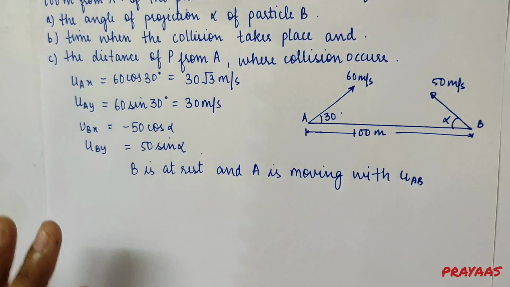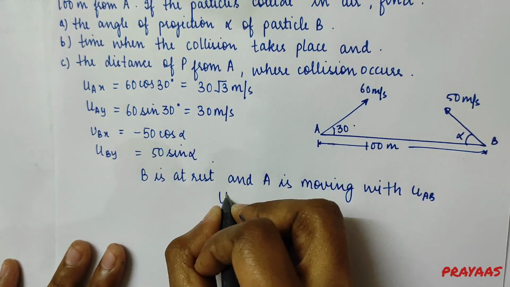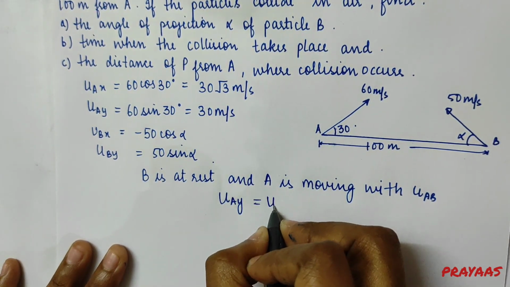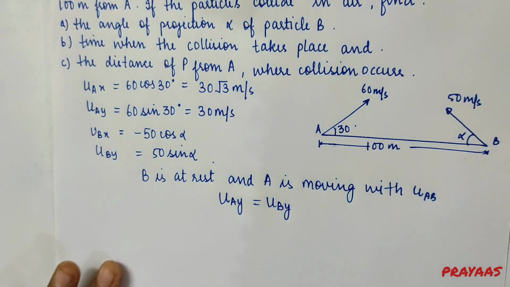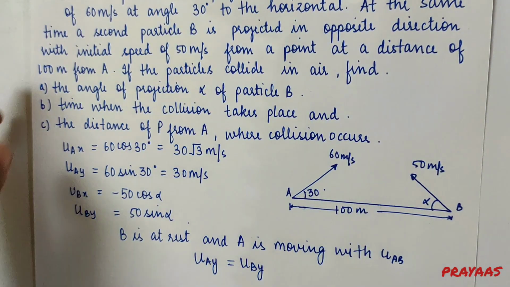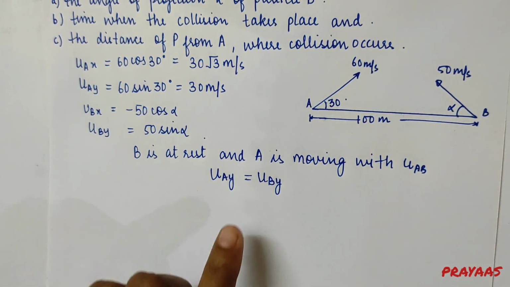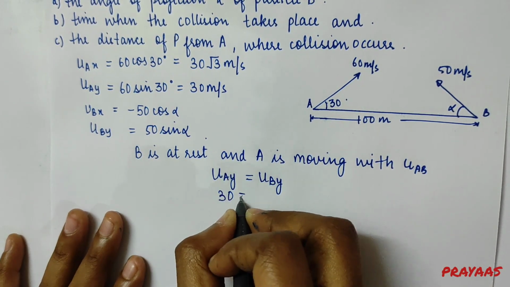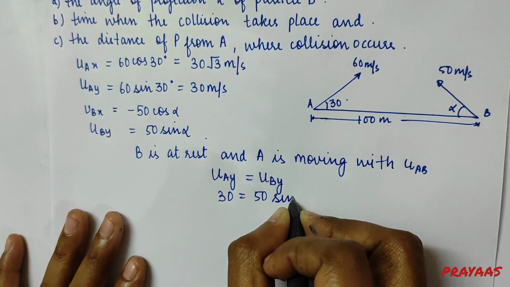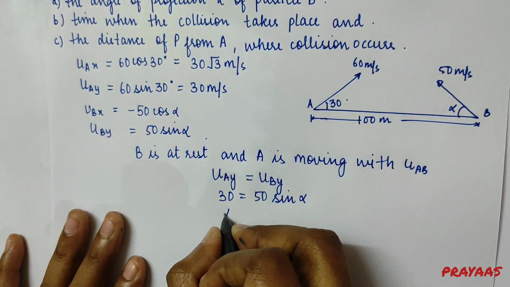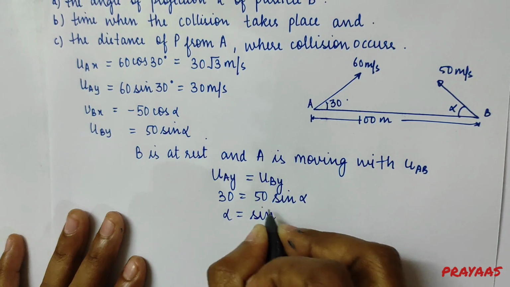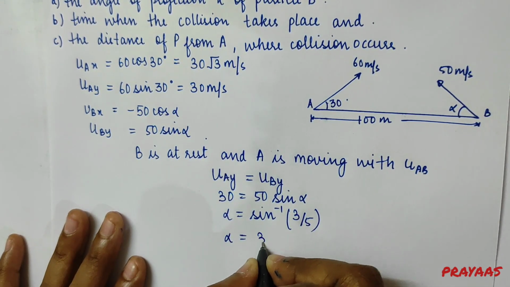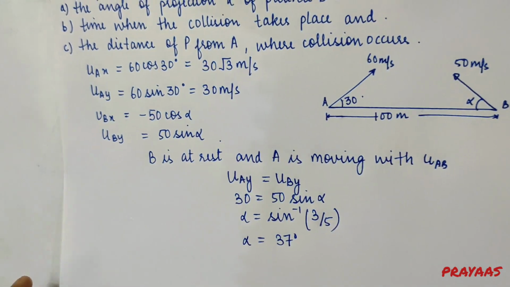So I can write UAY will be equals to UBY. The vertical component of the velocities will be same. So UAY will be equals to UBY. So this will be 30 equals to 50 sine alpha. Alpha will be equals to sine inverse 3 by 5. So the value of alpha will come out to be 37 degrees.